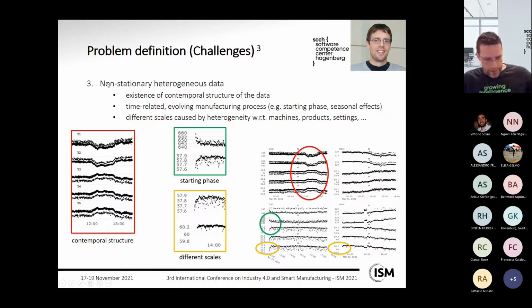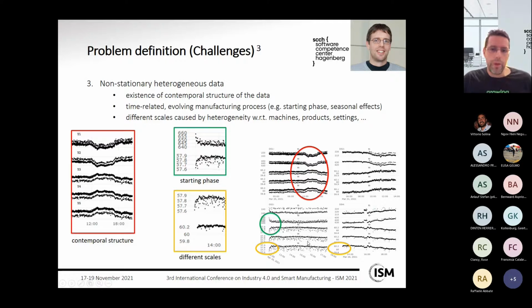Last but not least, a challenge was the fact that our data streams contain contemporary non-stationary structures, like, for example, here in the red marked example. We have to have in mind that we have to deal with a time-related evolving manufacturing process.